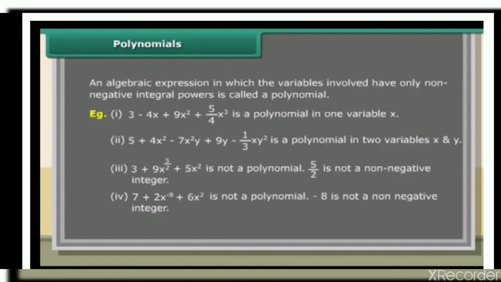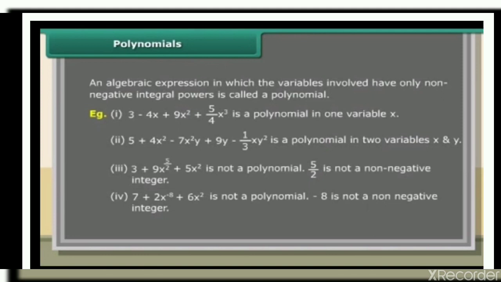Now here you will get a new term, polynomials. An expression in which the variables involved have only non-negative integral powers is called a polynomial. For example, 3 minus 4x plus 9x square plus 5 upon 4x cube is a polynomial in one variable x. 5 plus 4x square minus 7x square y plus 9y minus 1 upon 3xy square is a polynomial in two variables x and y.